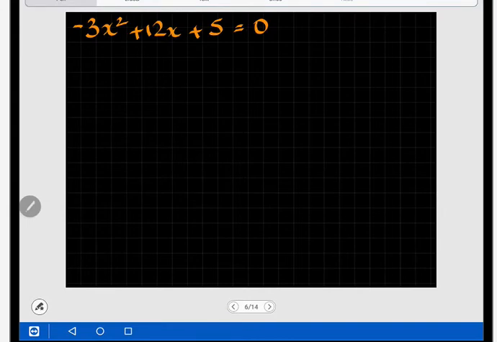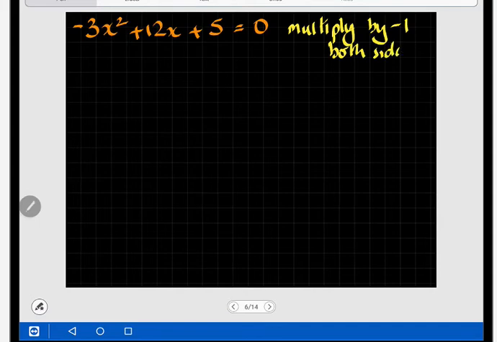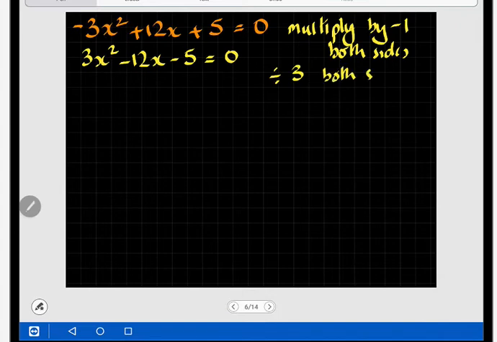So what I will do, I will say, now we solve it. Multiply by -1 both sides. That will become 3x squared minus 12x minus 5 is equal to 0. Okay. And then I said divide by 3 both sides.